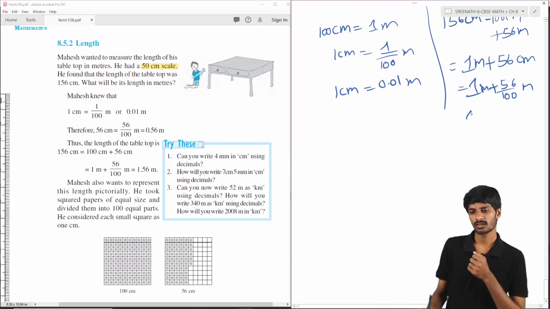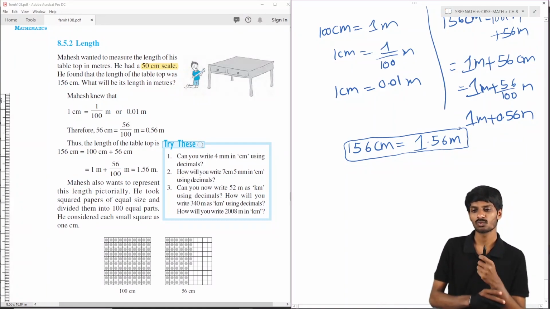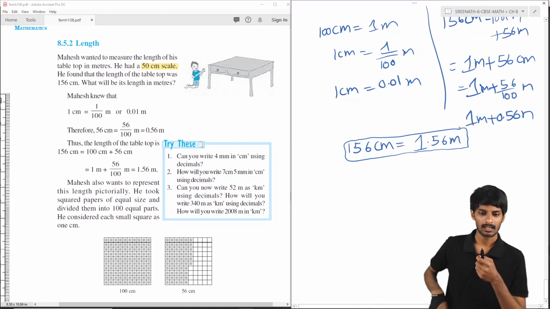So that is 1 meter plus 0.56 meters, that is finally 156 centimeters equal to 1.56 meters, like that, students.